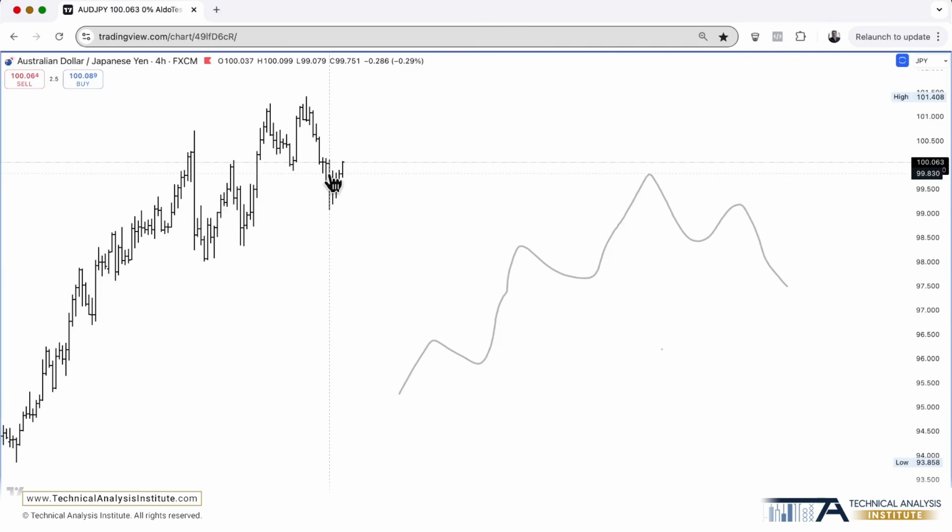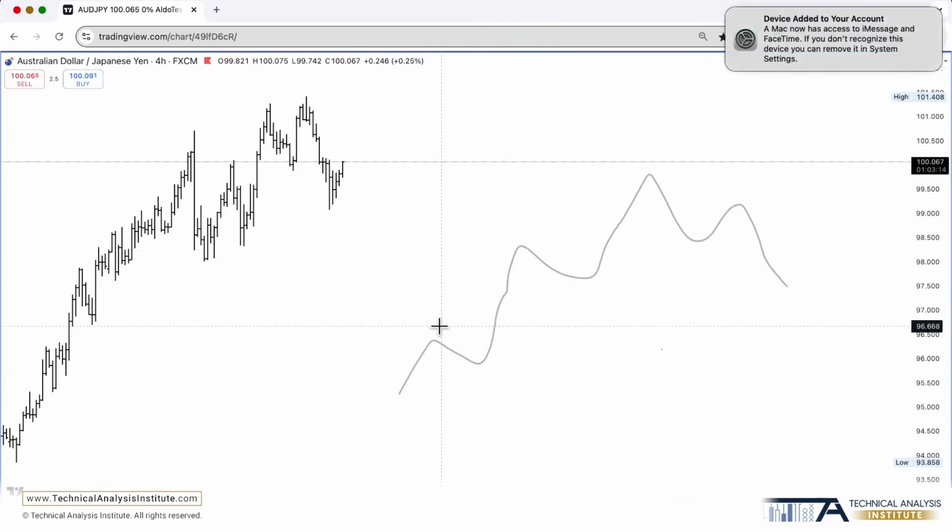And so we can identify high probability objectives using Fibonacci relationships, because he noticed that each one of these legs, this one, this one, this one, they all relate to each other by a Fibonacci number. And this leg and this leg also relate to the preceding one by a Fibonacci number.